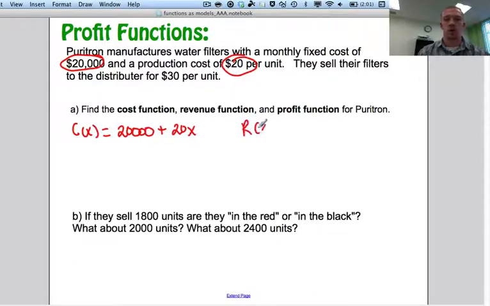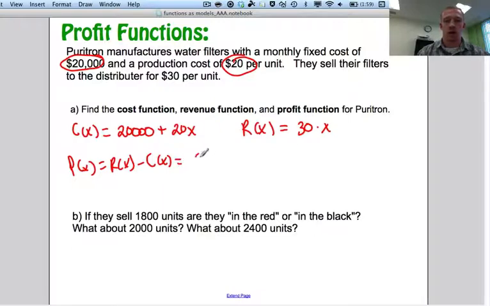Their revenue function is how much money they get paid based on how many units they sell. So that's $30 per unit, so 30 times x is their revenue function. Their profit function is going to be the revenue, total money in, minus the money out, the cost.